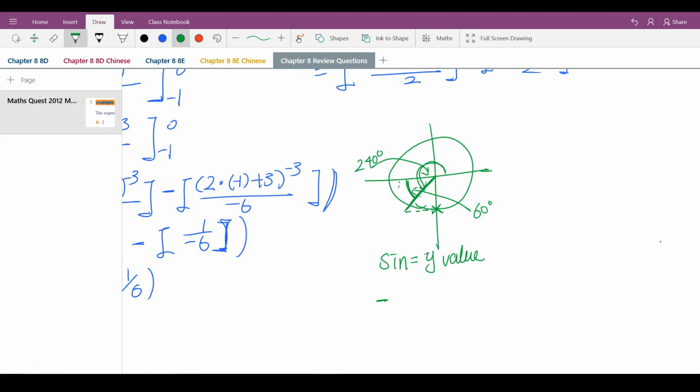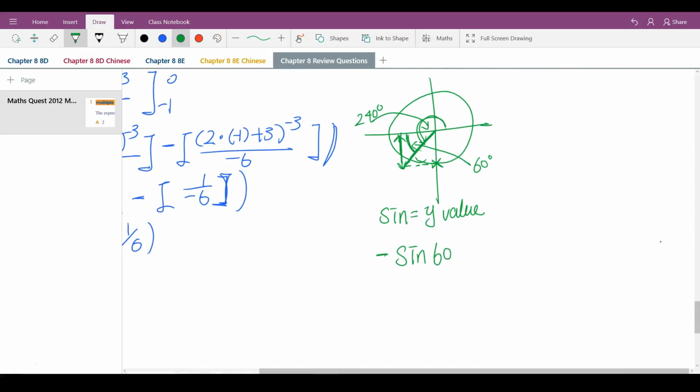And finding the opposite of that, sine 60, will give you this particular length. And that's what we want, the y value. So this is equal to negative sine 60.